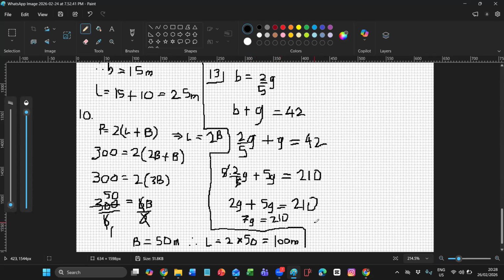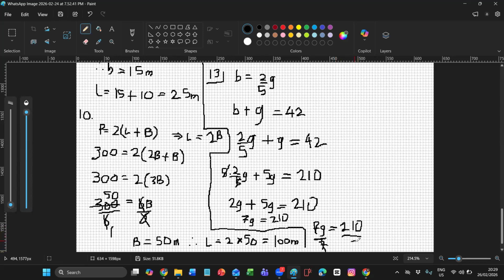I was thinking that I can manage with space there, but I think I just have to take it out. So divide both sides by 7. And we're left with what? G equals 30. Yeah, G equals 30. That's right.